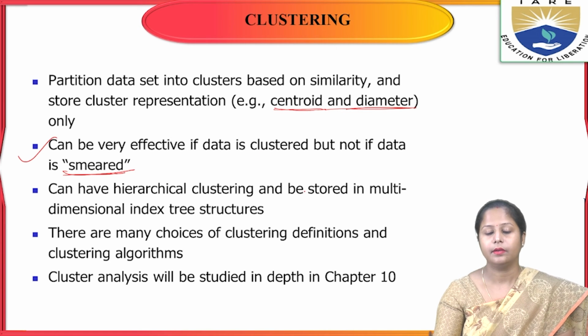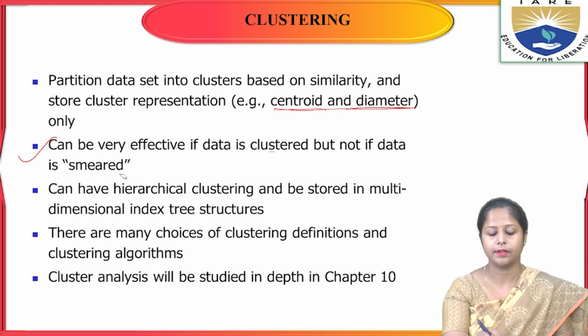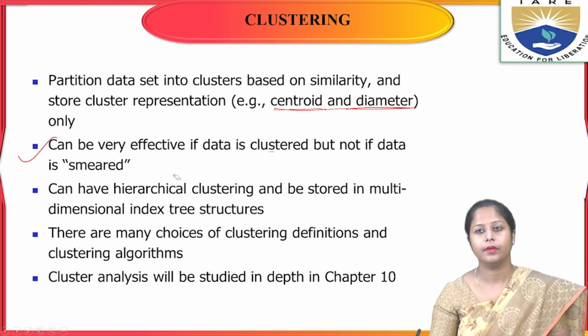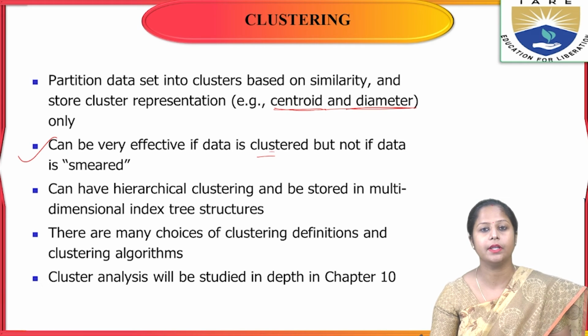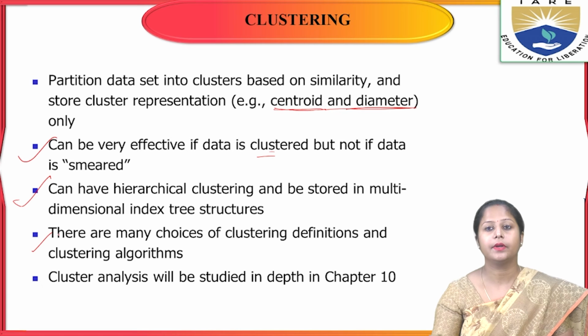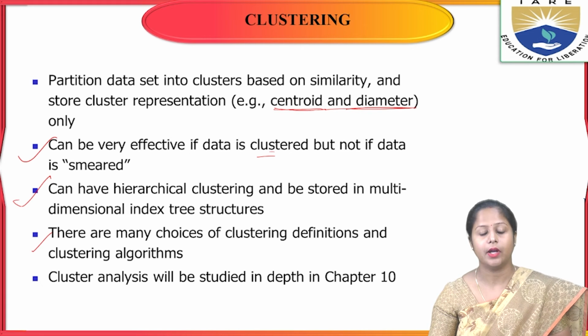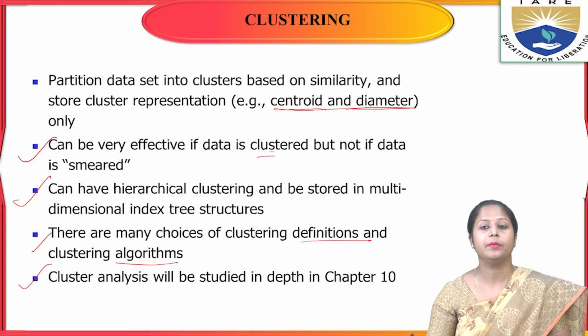When our data is stored as clusters, it will be very effective; otherwise, it will not be effective. We can have hierarchical clustering stored in a multi-dimensional index tree structure. There are many choices of clustering definition and clustering algorithm. Cluster analysis will be studied in the next examples.